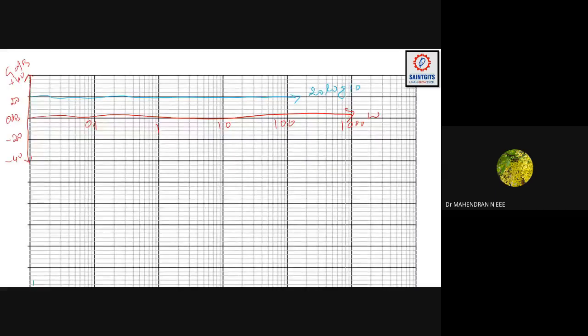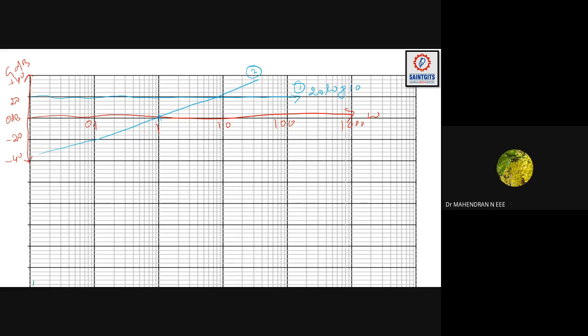This is your reference, with corner frequency 1, and multiplying the frequency, the next will be 10, and another will be 100. So this is your first term, and this is your second term. This procedure we already discussed in the previous class.